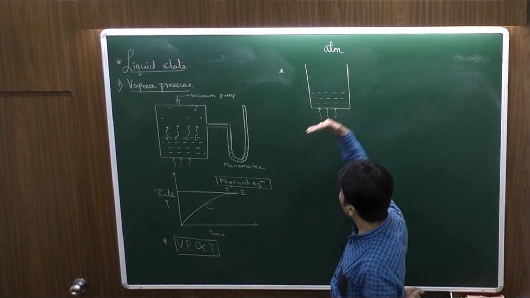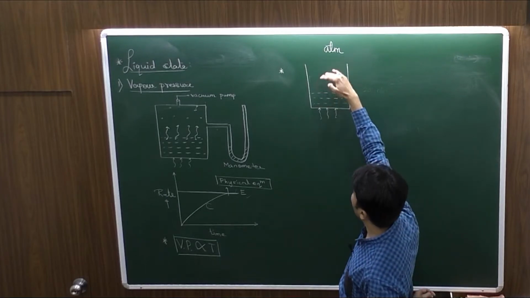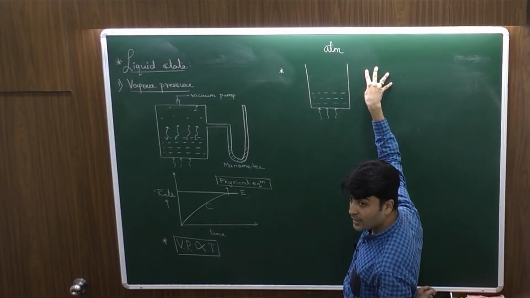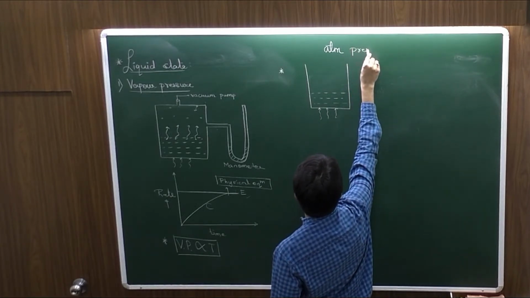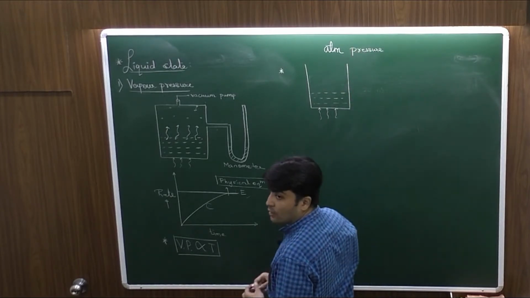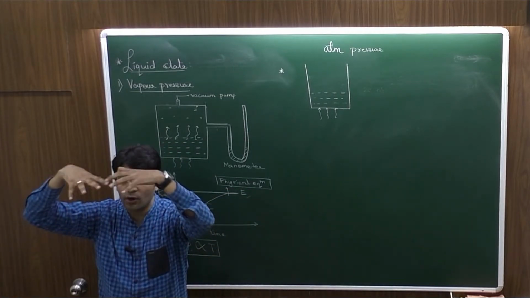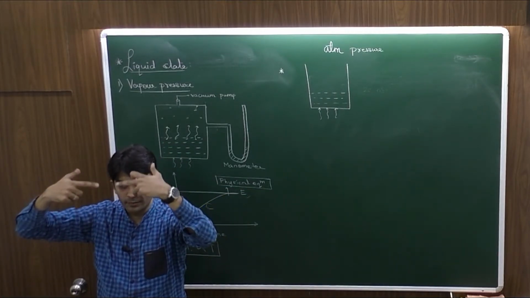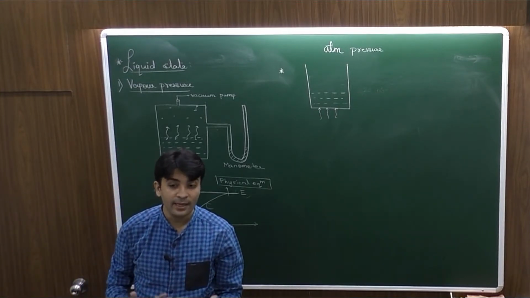So basically now these molecules are evaporating, but they are evaporating against a pressure created by the atmosphere, which we call the atmospheric pressure. So this atmospheric pressure will push some molecules of the vapors to convert into the liquid state, meaning condense.